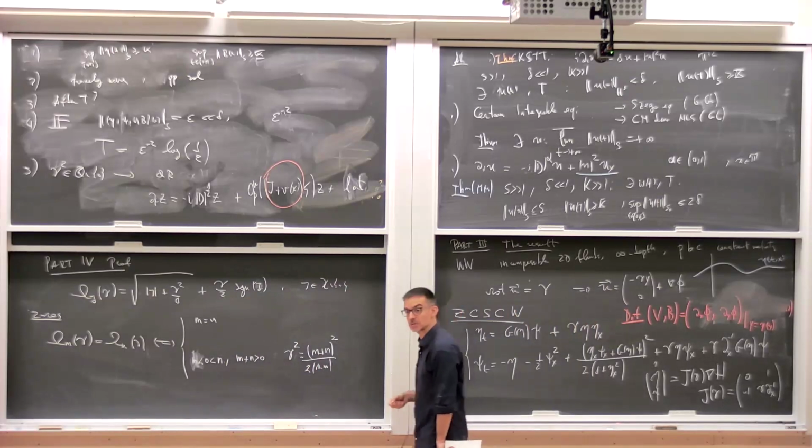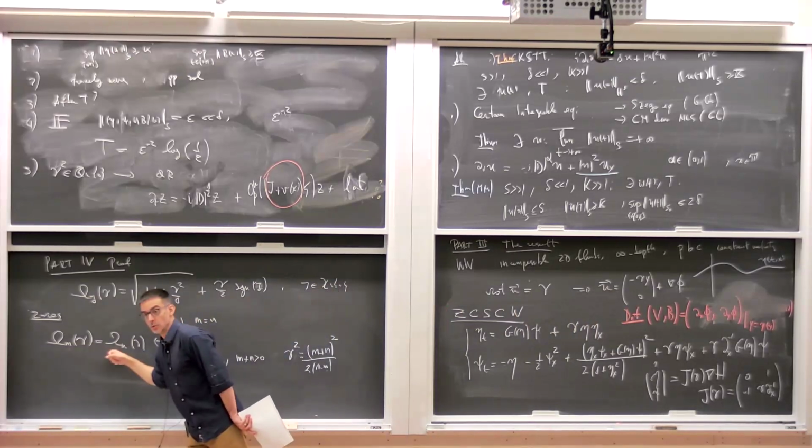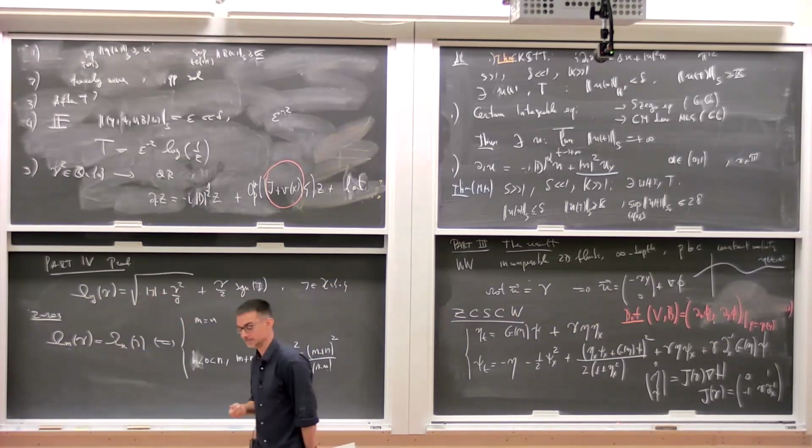So every time that gamma squared is a rational number, you can find m and n such that you have a two-wave resonance. Okay.